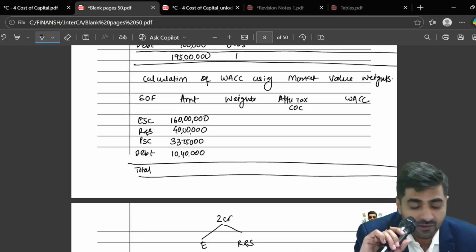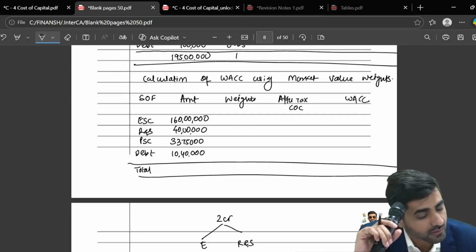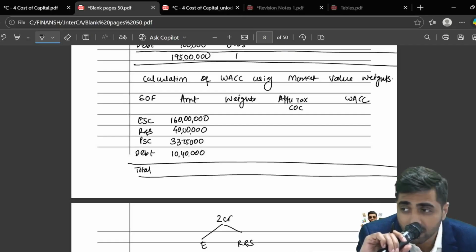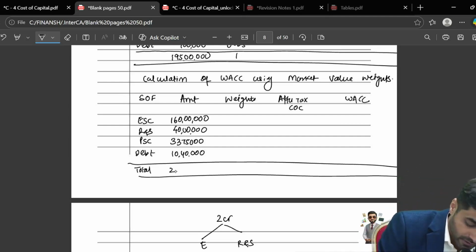Give me the total amount. Two crore 44 lakhs 15,000.